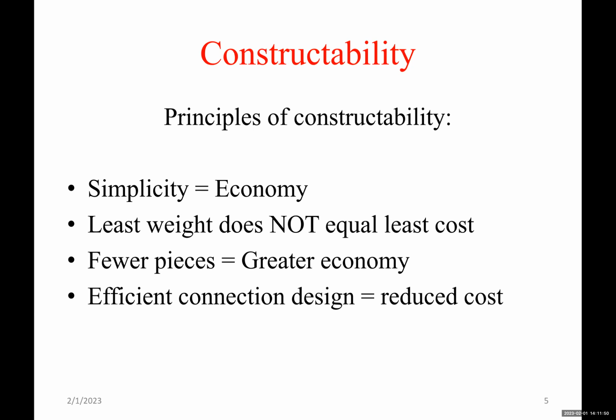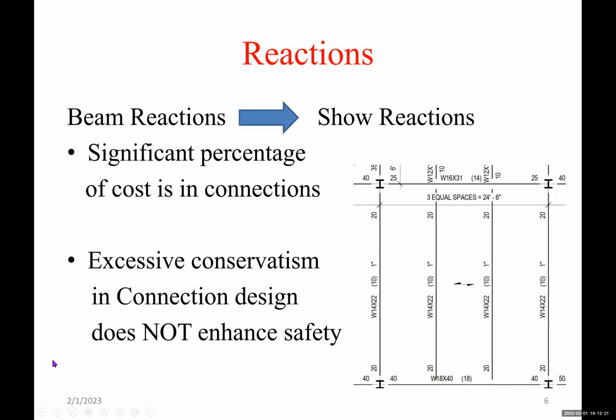So if we think thoroughly through the connection design, through the types of connections that we need, that will give us a reduced cost eventually. So give that initially some time and some thought, to what is best to have an efficient connection design, which eventually will result in a reduced cost.